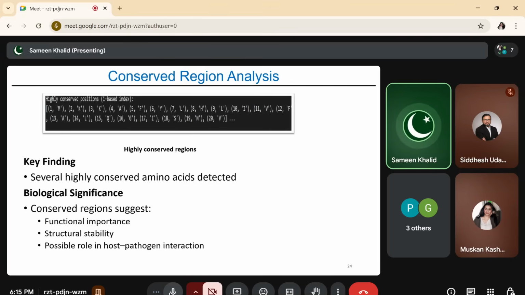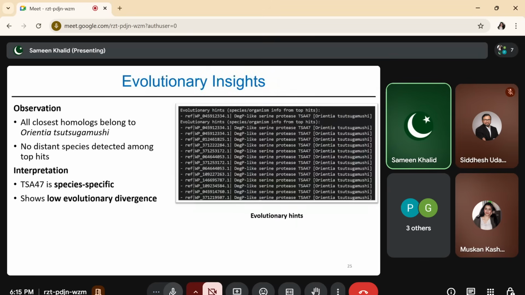So these conserved regions could possibly suggest their functional importance because these positions are not changing, which is actually telling us how structurally stable this protein is and what could be the possible role of this protein in host pathogen interaction.